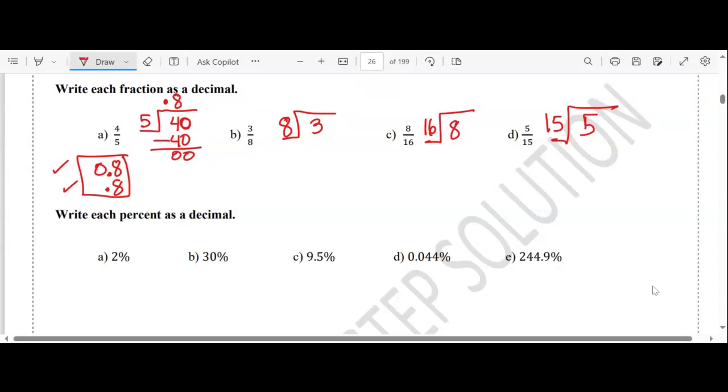Who can tell me the answer? 0.375. 0.75. Who? Mahdi got the answer. Anybody else? Only Mahdi?